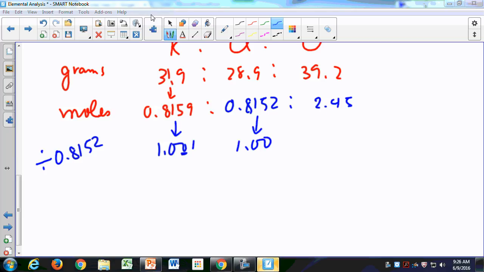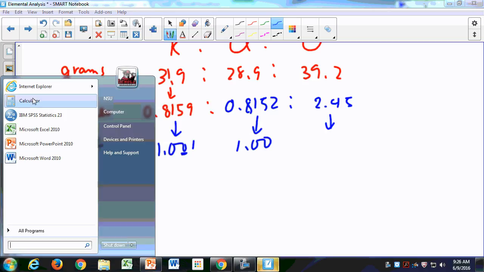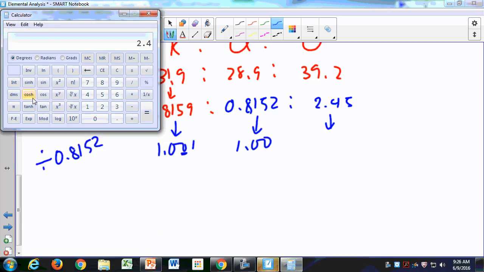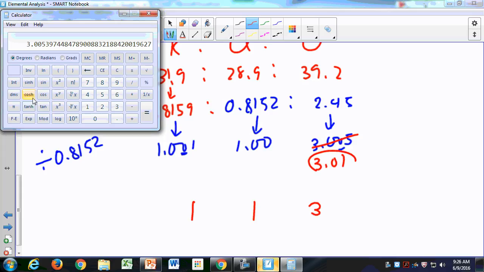And 2.45 divided by 0.8152 is 3.005, which rounds off to 3.01, very close to a whole number.